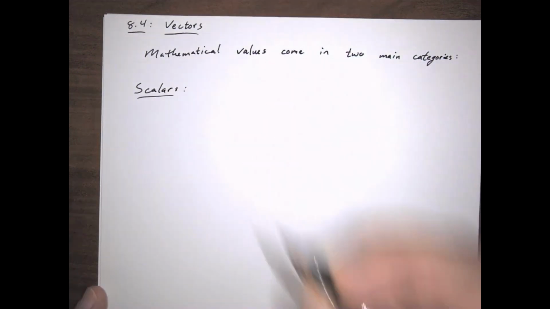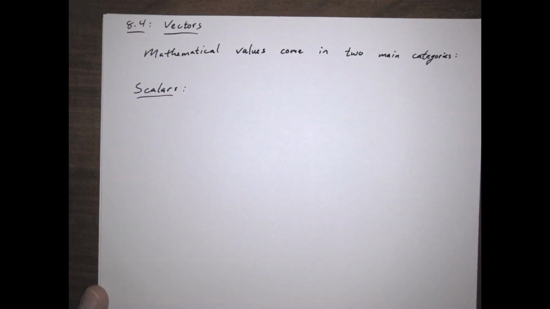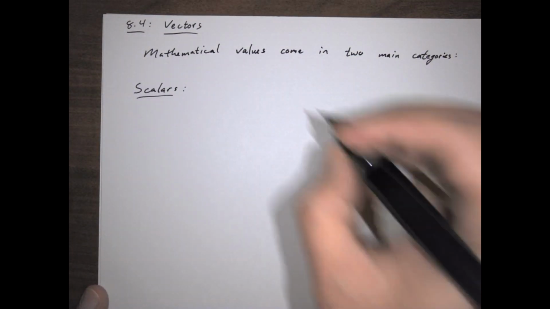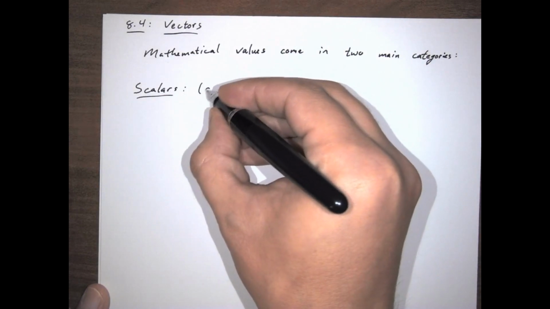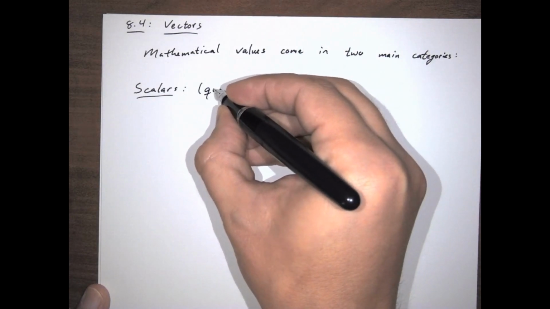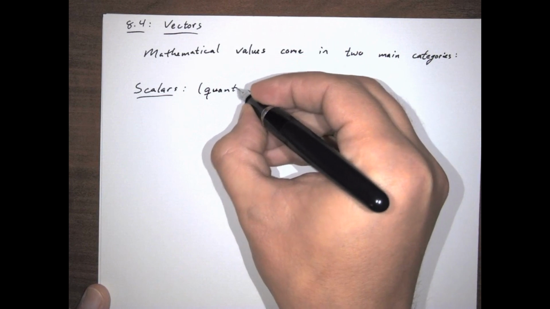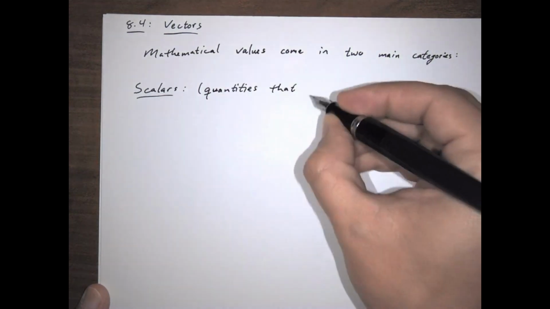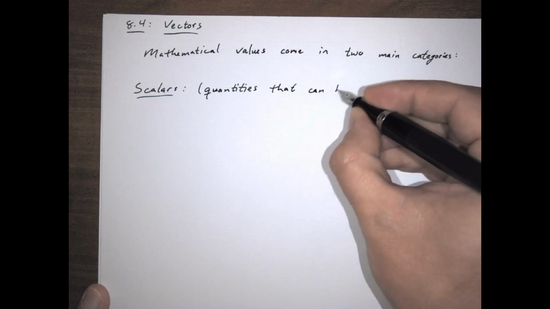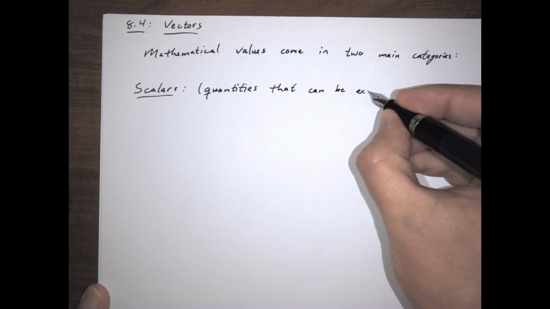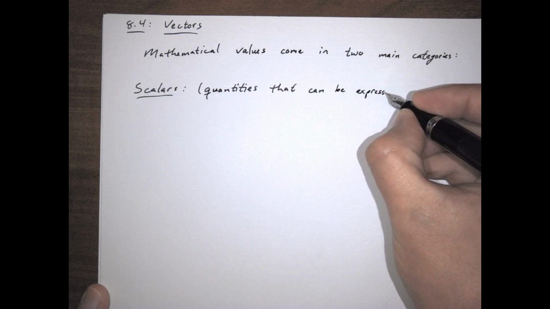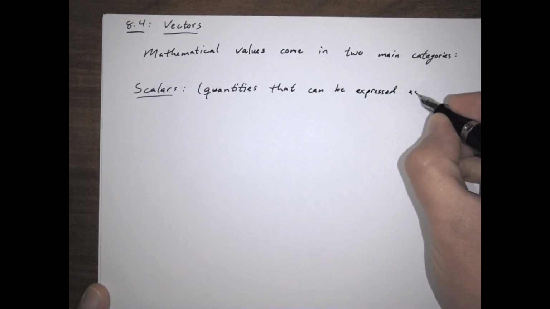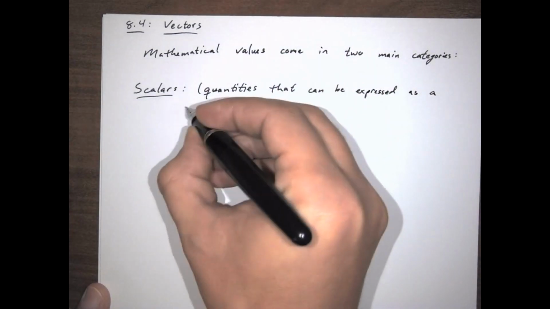Scalars, and these are things that can be expressed by just a simple number. So these are quantities expressed as a simple number.